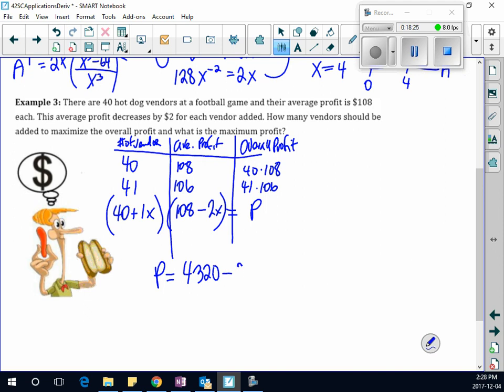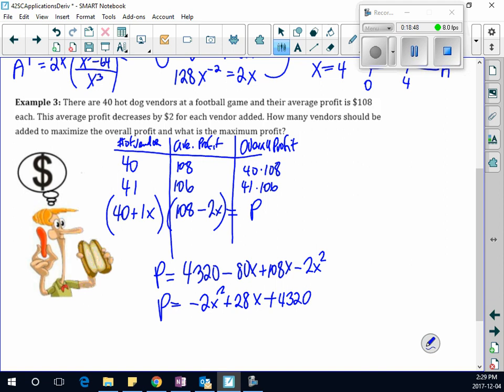Outer is minus 80x. Inner is plus 108x. And then last is minus 2x squared. It's a FOIL, you guys, right? So P equals minus 2x squared plus 28x plus 4320.